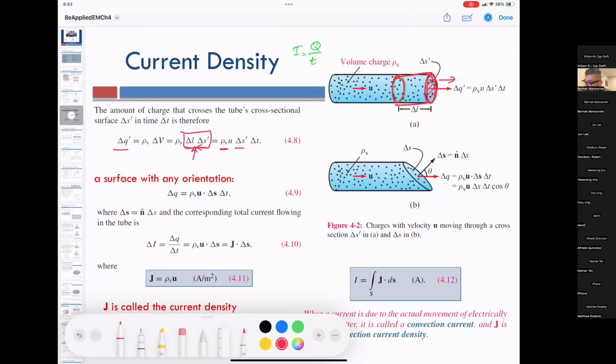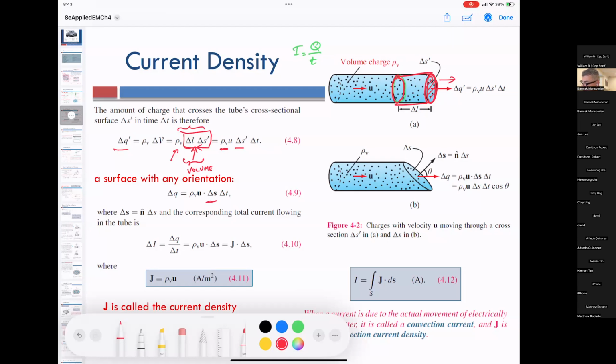Multiplying these two values gives the volume of my cylinder, and I multiply that by the charge density in the volume, and that gives me the total charge in that cylinder, which is what's moving through. And you could have any kind of surface. It doesn't have to be cylindrical, as long as you define the surface delta S to get the current density.